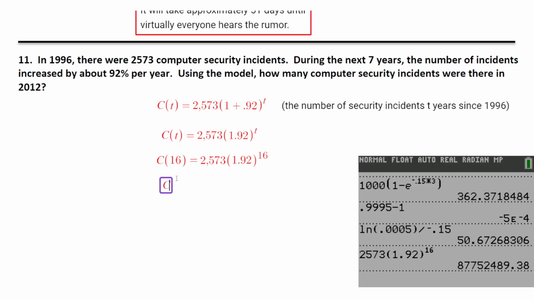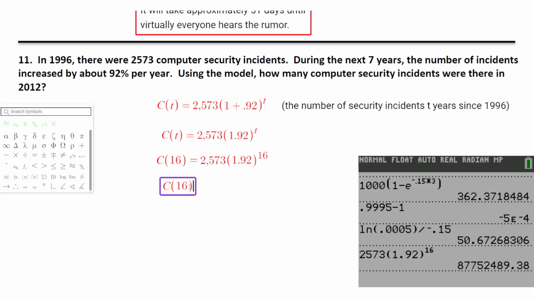Okay, so C of 16, or the number of computer security incidents 16 years after 1996, would be approximately, again, we're rounding here, so that's why we use the approximate symbol. Oh, without the commas, it's hard to read that number, isn't it? I'm just going to write out the number, throw in the commas, and then read it afterwards.